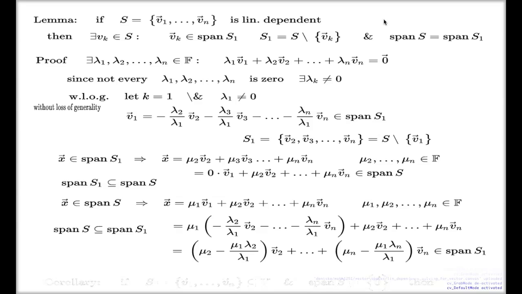And if this new set S2 is also linearly dependent, I can again reduce it by one vector. So I can keep reducing this set without altering how many things I can span, as long as we have linearly dependent vectors. As soon as we hit a set which is no longer linearly dependent, which is linearly independent, I can no longer do any reductions. That's another thing which we observed in my previous example.